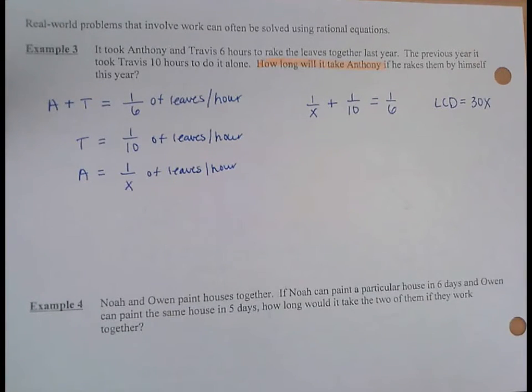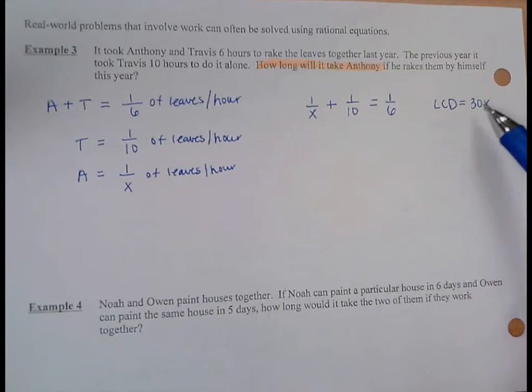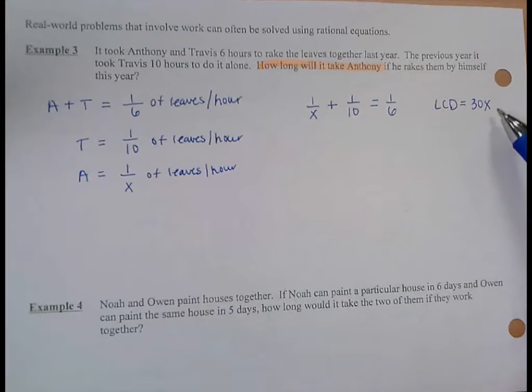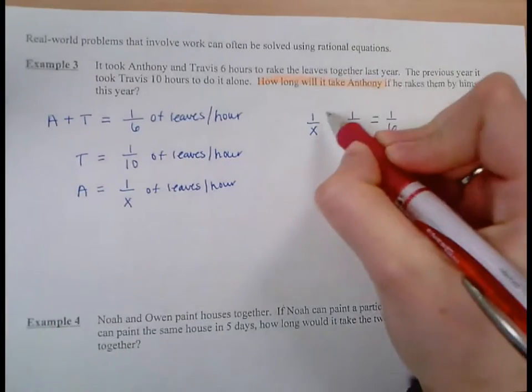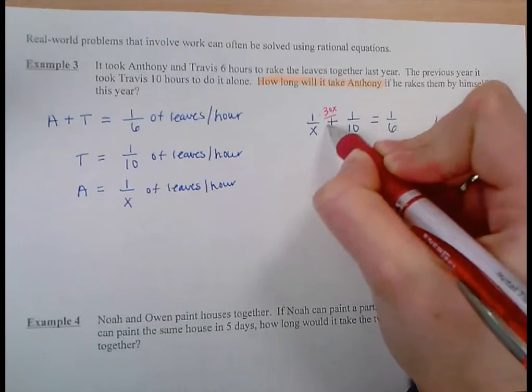And actually, even if it's not the least common, like if you said 60, you could also use 60x. It's still going to work. We usually try to find the lowest denominator, but any common denominator would work. So I'm going to multiply everything by 30x over 1.